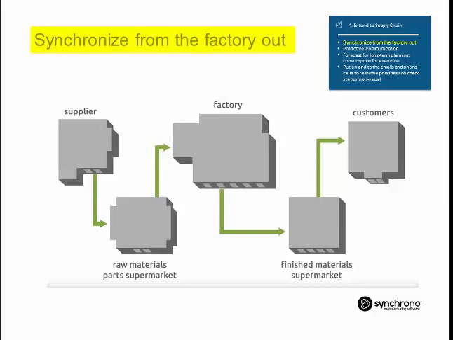So John, can you talk a little bit about your experience working with manufacturers to synchronize activities beyond the 4 walls? Sure, Pam. I think it's important when we talk about this concept of synchronizing the supply chain from the factory out, to ask why we say that's important. And really, it's twofold why it's important to first start in the factory.